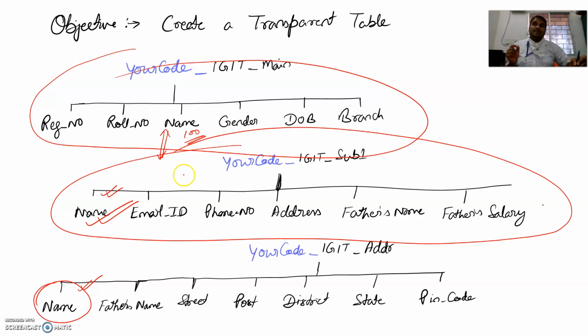Name is a field which is already defined, and I want to take those names from the original table to develop my second table. I also take the same name to develop my third table, because my second and third tables are interlinked. Here I am just doing a reverse order, trying to do the third table. So I can use this name to link with the first one. Let the tables be created first, then we will see how we can interlink them.